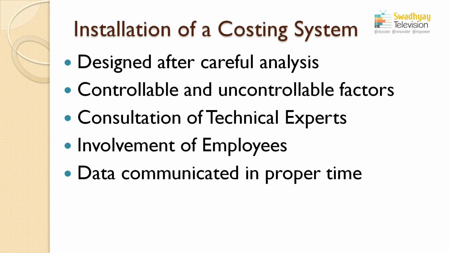Now, the second is controllable and uncontrollable factors. Cost accounting could not be identified on the basis of such a process alone. So, the particular manufacturing company has a system by which they can identify their job work, their process work, their unit work.